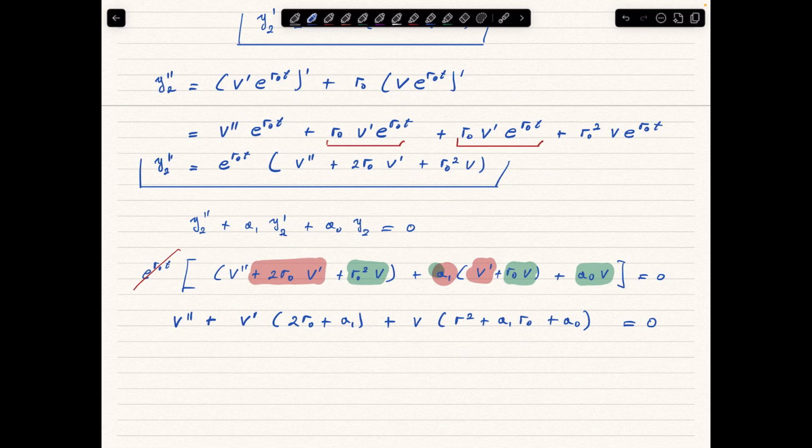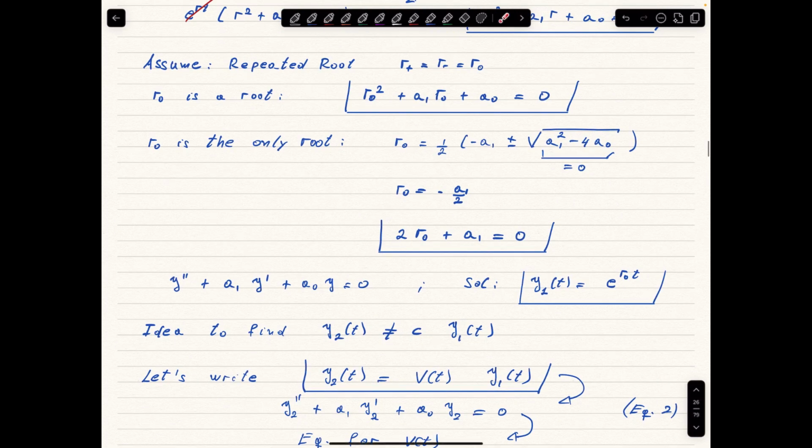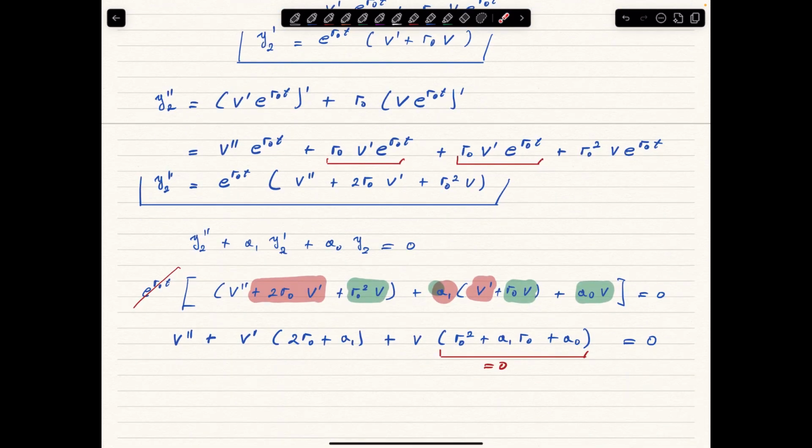It doesn't look simpler than the equation for y2, but actually it is, because recall, I forgot here, this is an r0. And recall, r0 is a root, which means this part is 0. This is the hypothesis on r0. Because it's a root, that term has to be 0. But notice that this term also is 0. Why?